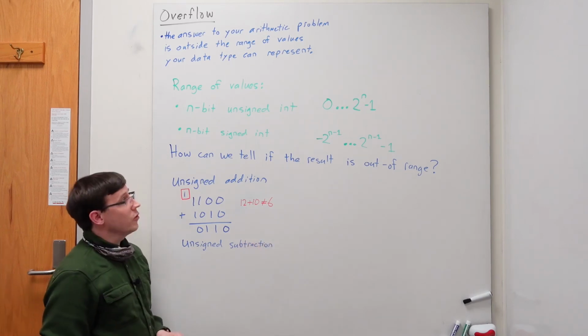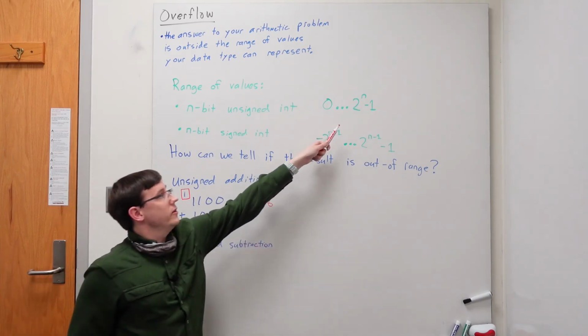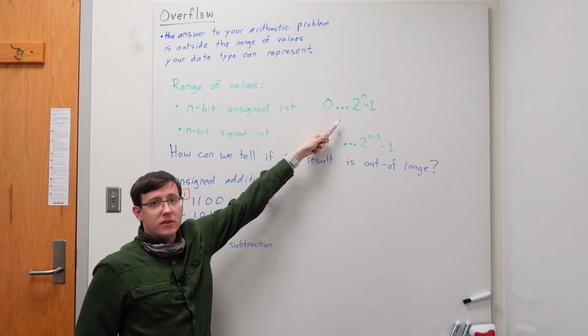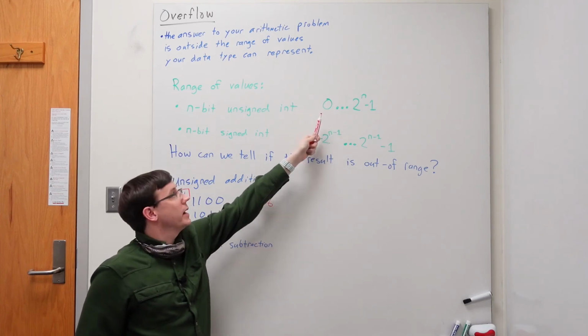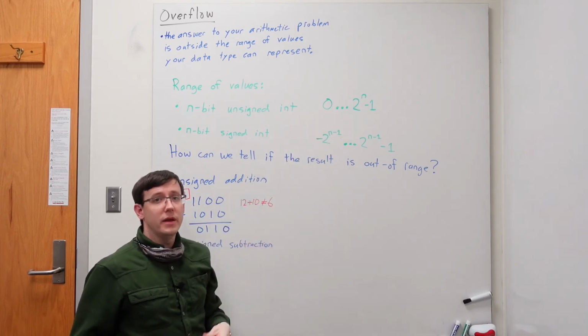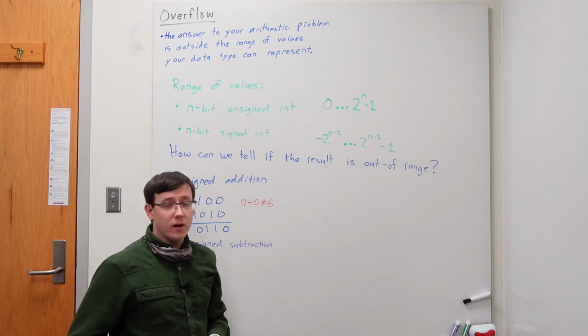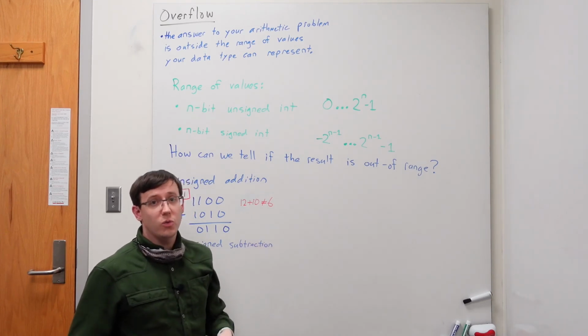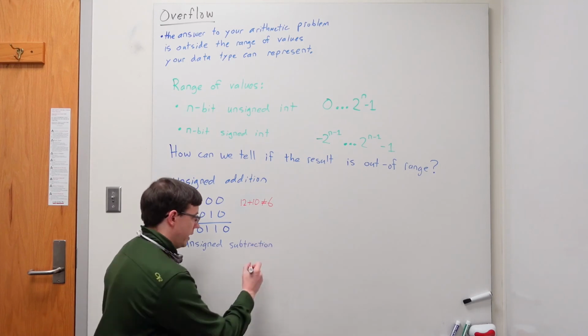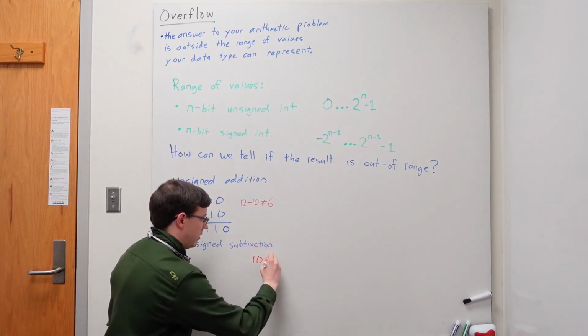For unsigned subtraction, we clearly can't get bigger than the maximum. The danger is that we might go less than 0. And so let's think about a case where the result of the subtraction would be negative, like 10 minus 12.